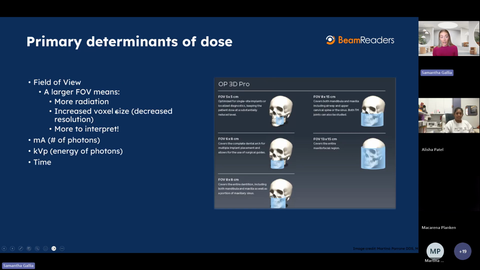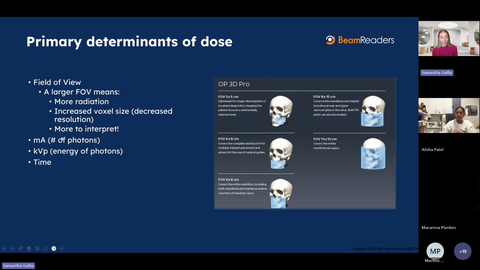That's going to mean more radiation. It's going to mean a larger voxel size because you can only decrease the voxel size so much. So with a smaller field of view, you're able to get a smaller voxel size, and therefore a higher resolution image. So with a large field of view, you're not able to get as high of a resolution.